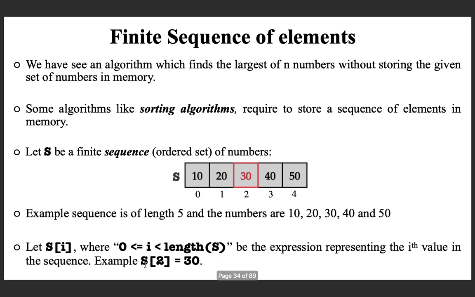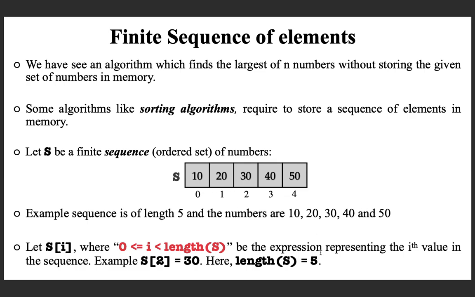For example, S at 2 gives you the value 30, the sequence at index 2, and the index varies from 0 to 4, where 4 is the length of the sequence minus 1.